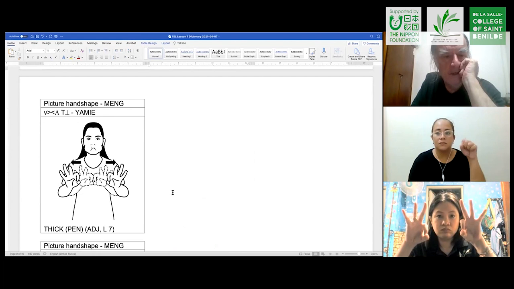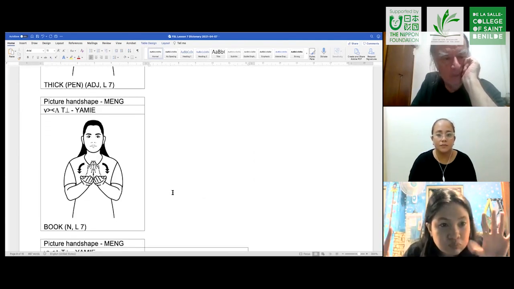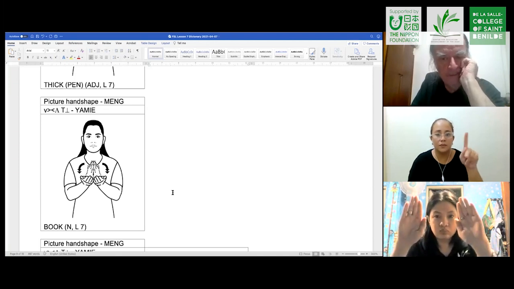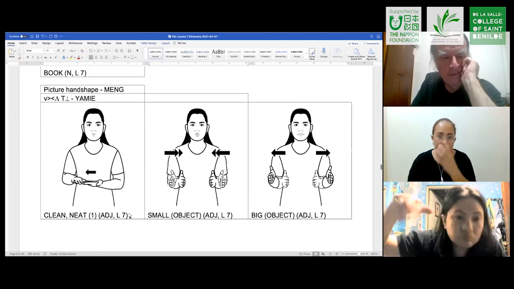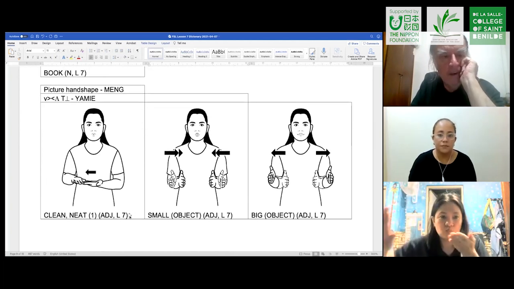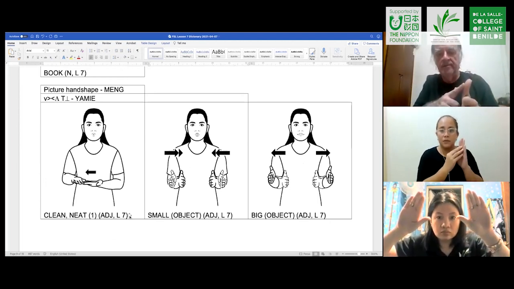Yes, okay. Okay. Same handshape. So this is going to be with the thumb extended.